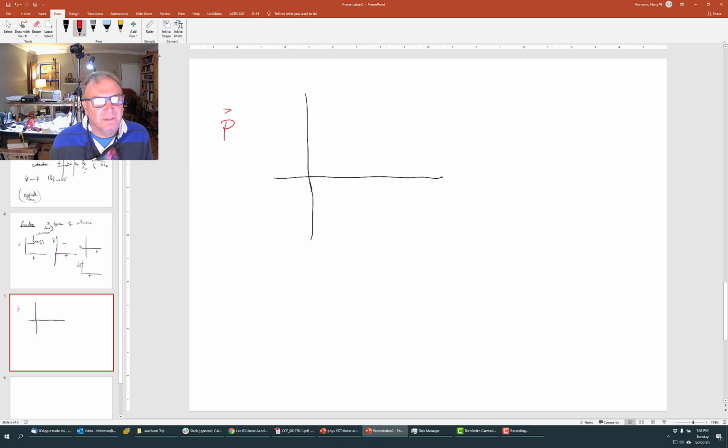Let's say if one cart is sitting still, so it has no momentum, and then let's say the red one's the one on the left, and it starts moving towards the blue one, which is sitting still, and the red one hits the blue one.